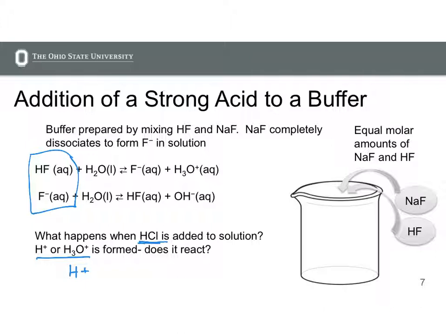So our acid can only react, in this case, with the fluoride ion. And it's going to form HF. There will be an equilibrium, though. So let's go back. Let's put our back arrow in there as well.